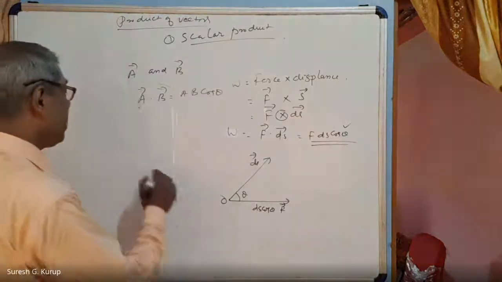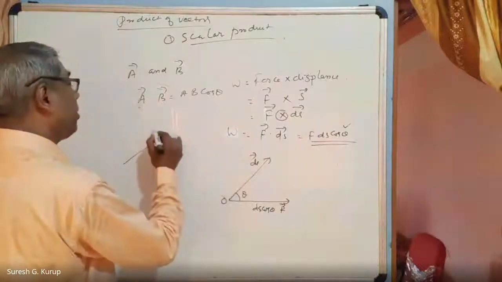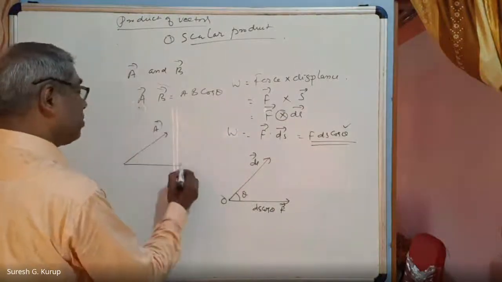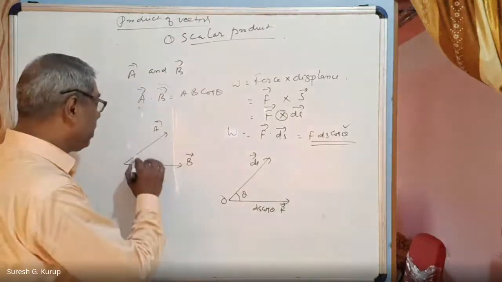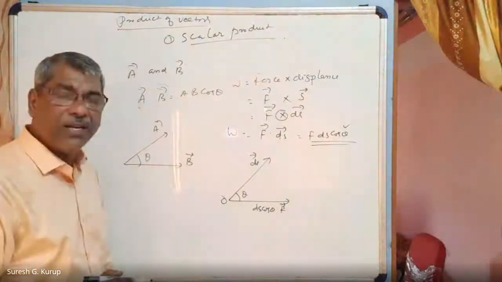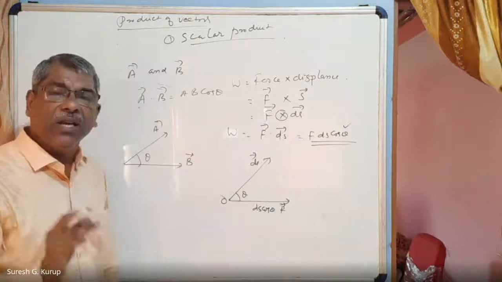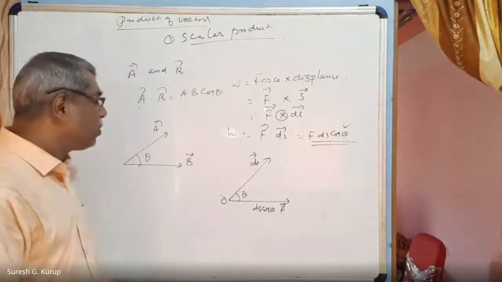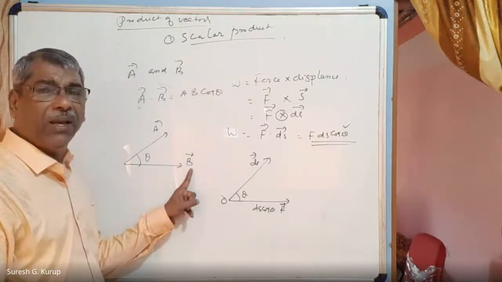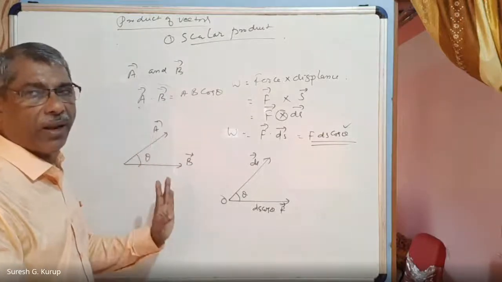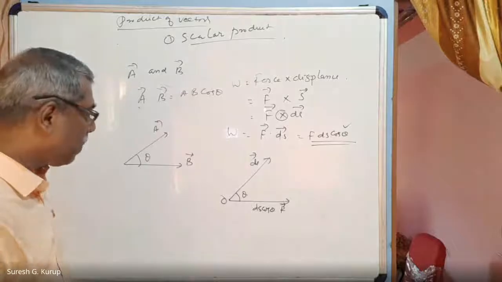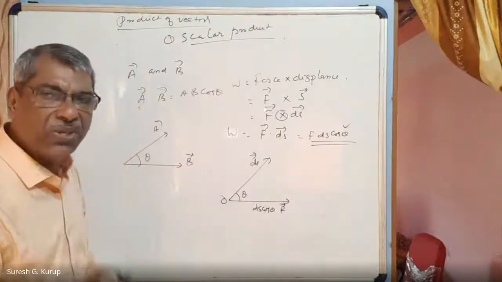Suppose vector A is along this direction, and this is vector B. A and B are making an angle theta with each other. Scalar product is equal to the product of the magnitude of the second vector B and the cosine component of the first vector A. This is the physical meaning of scalar product.